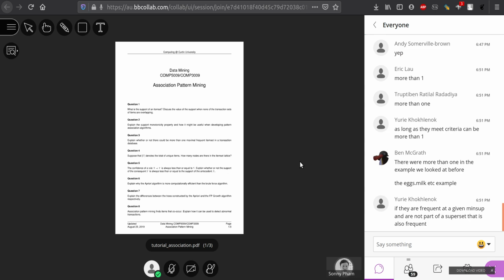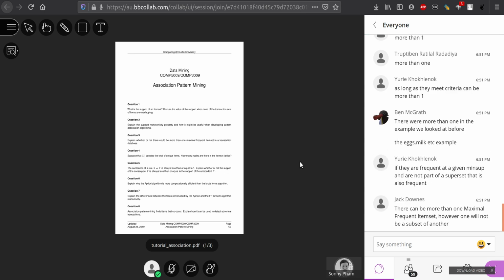Yeah, correct. One easy way is maybe to use an example to explain. And actually, if you look at what I call the lattice, you can see the borderline.